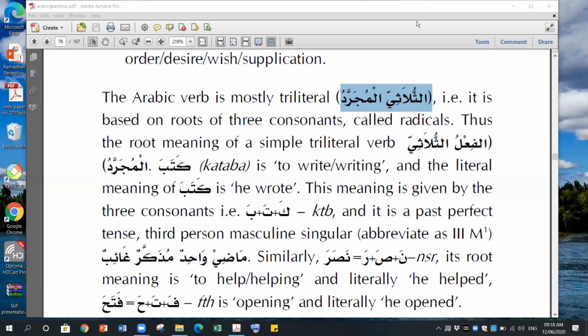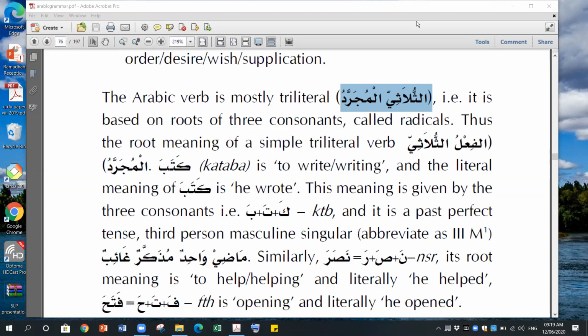I wanted to ask that sometimes root letters also have ya and alif and waw, like huruf illat. We also have them in our root words, right? So are they different? They are vowels actually.